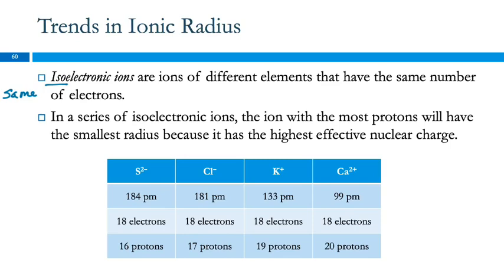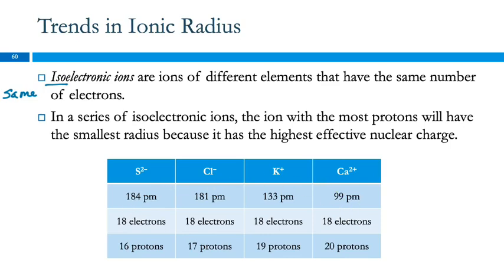So adding electrons, making an anion, does it make it bigger or smaller? Makes it bigger. And taking electrons away makes it smaller. And so when you take more electrons away, it gets even smaller. And so the trend here is this is the largest, 184 picometers, and this one's the smallest.